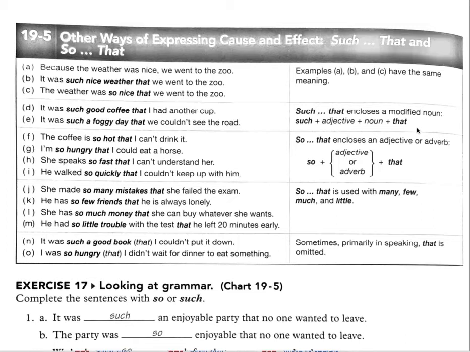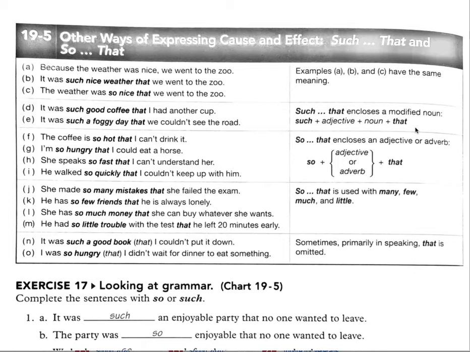Okay? So you might say, for example, it was such a nice party that I didn't want to leave. Okay? Or, in this particular case, using such an expensive meal that we couldn't eat there at the restaurant.